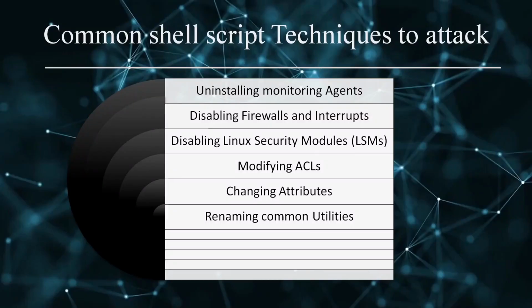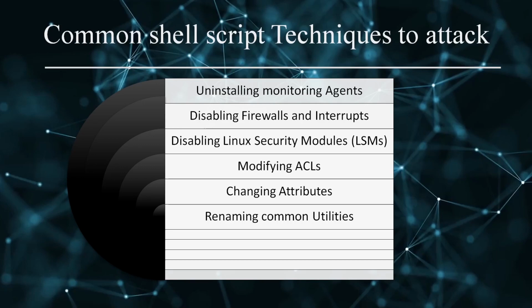For the first, uninstalling monitoring agent, we can uninstall using such commands. For example, uninstalling the security agent from Tencent. So using the commands that are here in the picture, we can uninstall monitoring agents.